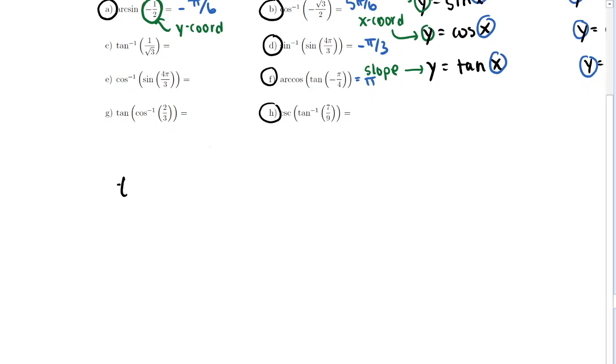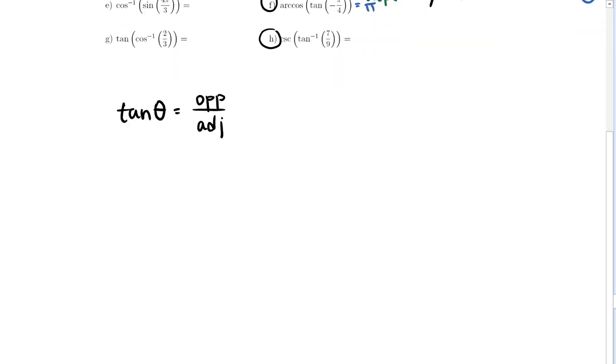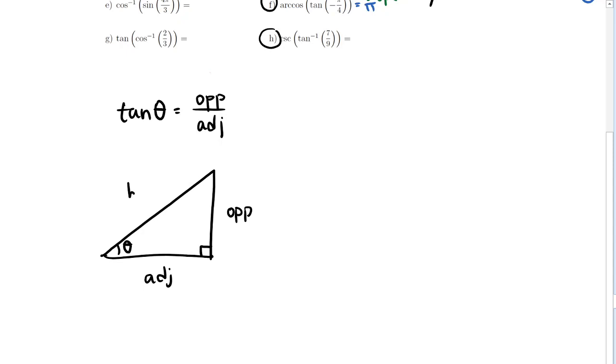So recall that tangent of an angle theta is the ratio opposite over adjacent. Right, so if I have some triangle here and some angle theta, and this is the opposite side, this is the adjacent side to our angle, and this is the hypotenuse of our right triangle, well, tangent of this angle gives us the opposite side length divided by the adjacent side length.